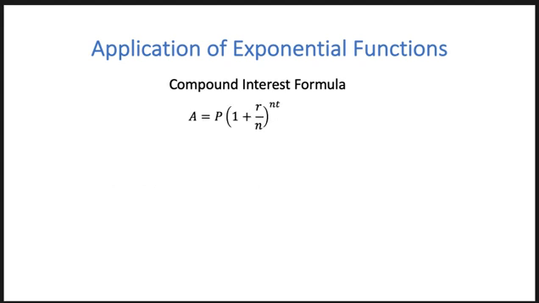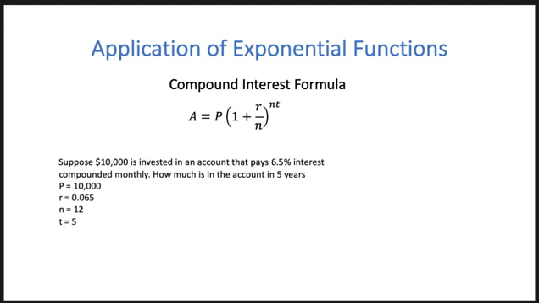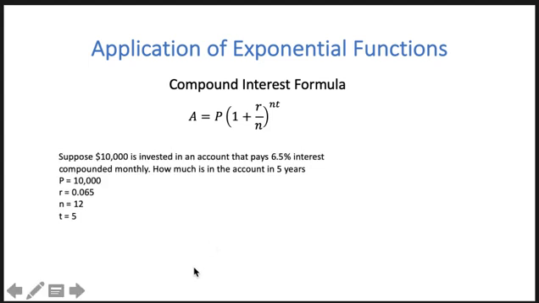So what we're going to do is apply this formula to a problem. Suppose you have $10,000 that you're going to invest in an account that pays 6.5% interest, which is compounded monthly. How much is in the account in 5 years? Well, for the numbers in this formula, P is going to be equal to 10,000.